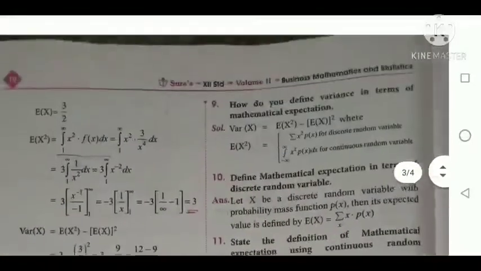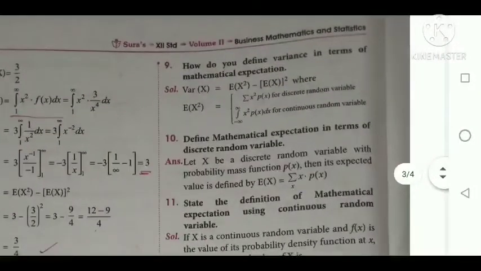Then the next question: how do you define variance in terms of mathematical expectation? Variance of x equals E of x square minus E of x whole square. So this is the formula for variance. Then how can you define E of x square? E of x square is nothing but sigma x square into p of x for a discrete random variable.